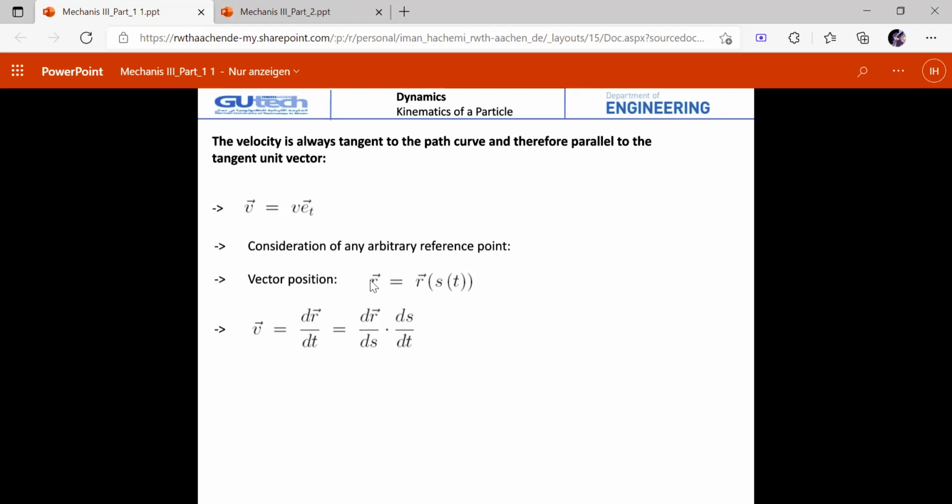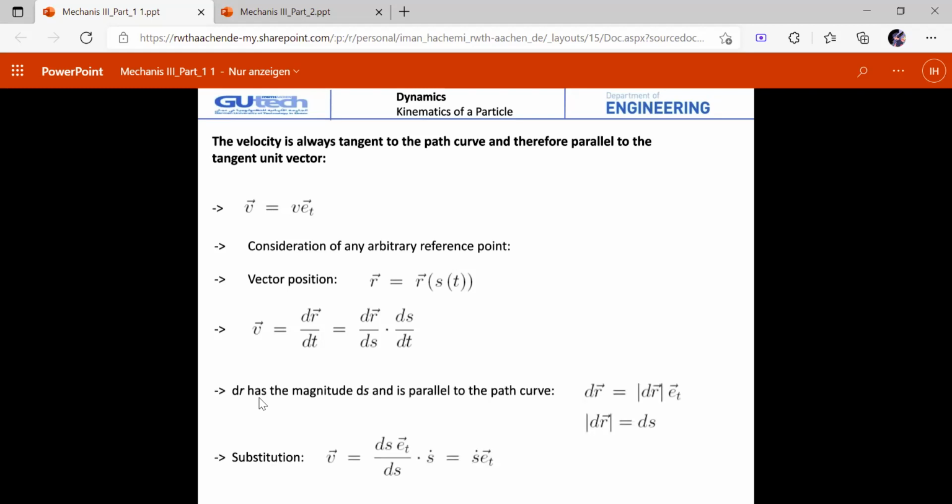Since r depends on s, we have dr over ds multiplied by ds over dt, and ds over dt is only s dot.